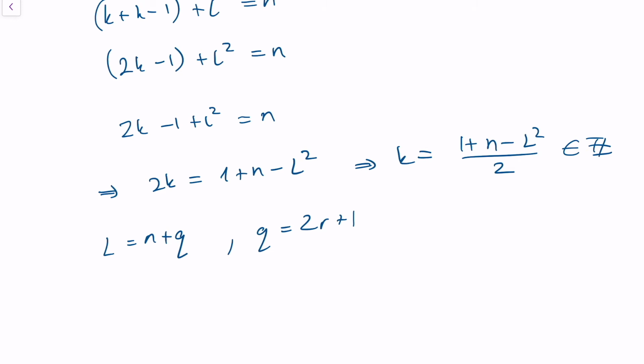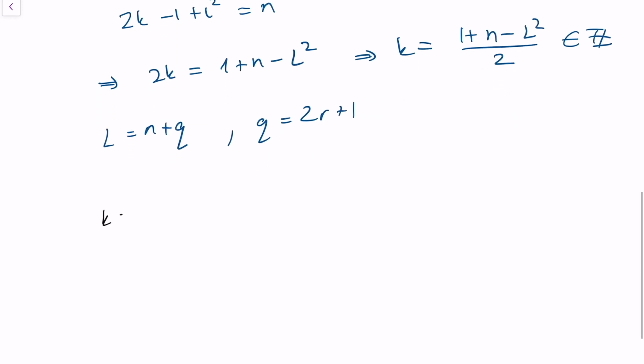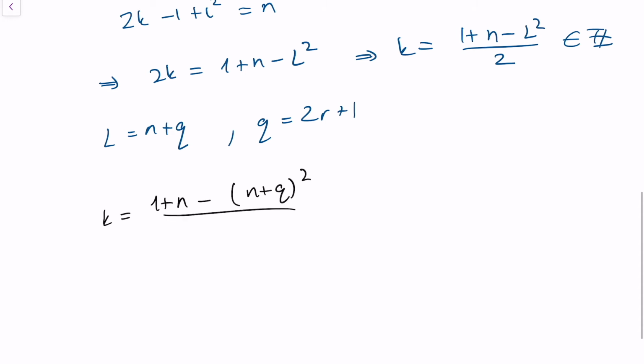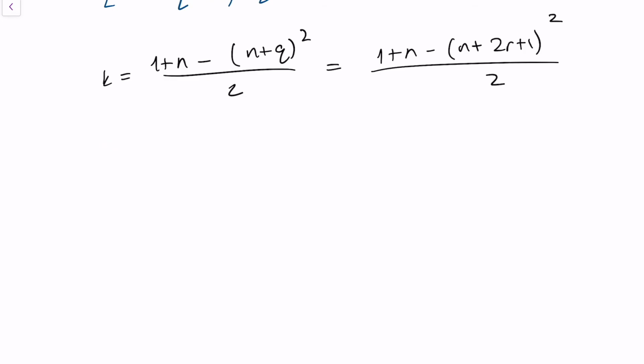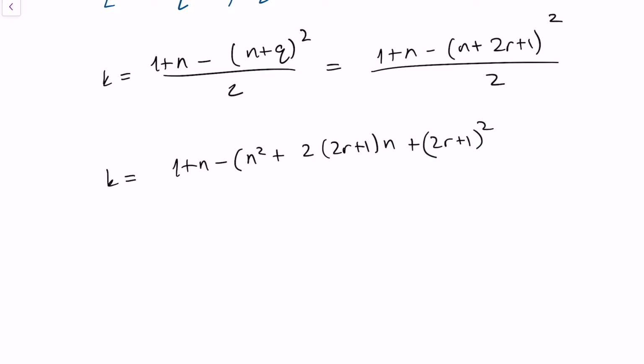Now to see this, let's plug it in. So we have k is equal to 1 plus n minus, instead of l squared, we plug in n plus q squared, over 2. Instead of q, we plug in n plus 2r plus 1 squared, over 2. If we expand and simplify that, we're going to have k is equal to 1 plus n minus n squared plus 2 times 2r plus 1 times n plus 2r plus 1 squared, close brackets, all divided by 2.